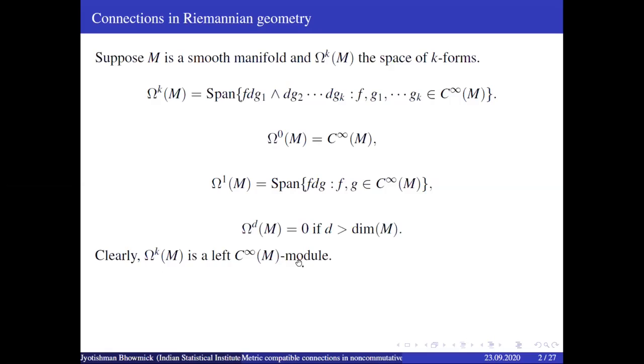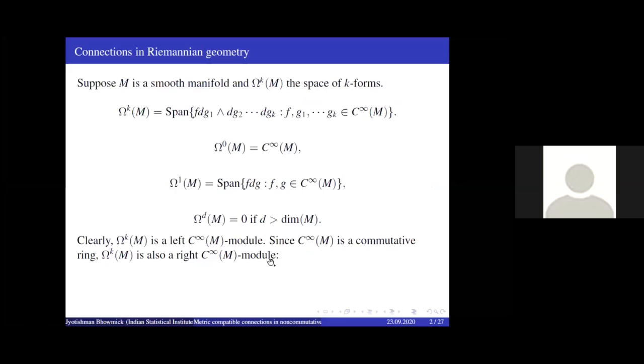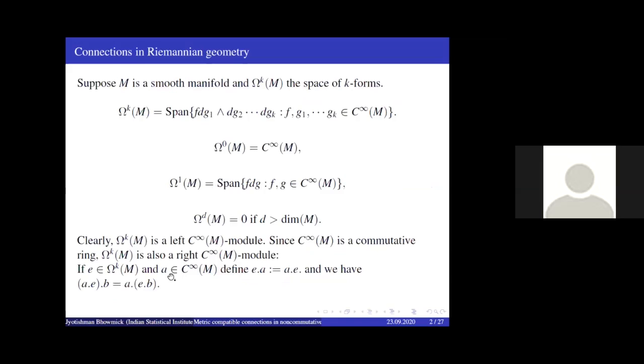But C^infinity(M) is a commutative ring, so any left C^infinity(M) module is also a right C^infinity(M) module. Simply define the right action: suppose E belongs to Omega^k(M) and A is a smooth function.